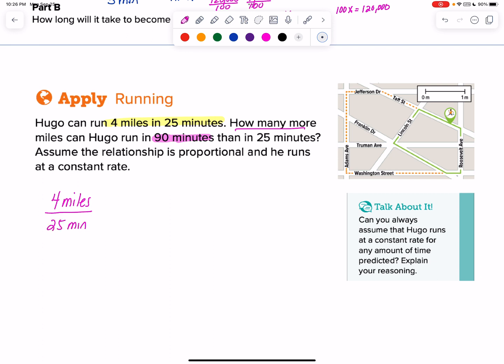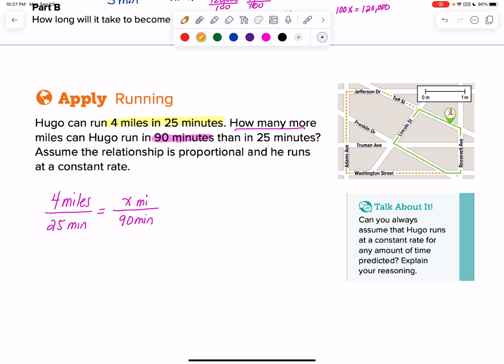Okay, and let's go ahead and figure out what the unit rate is for this, or you could just put in what you want to find. So I want it to be 90 minutes, so I can actually figure out what the multiplier is for this to find out how many miles.